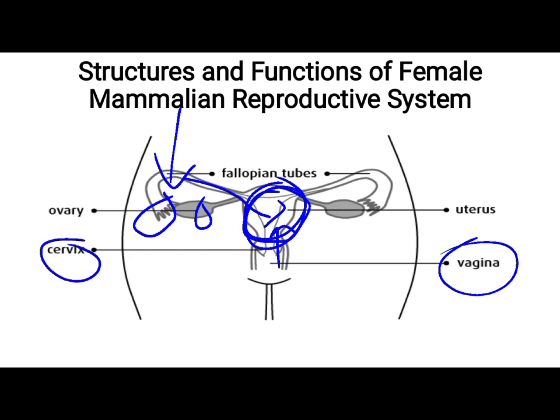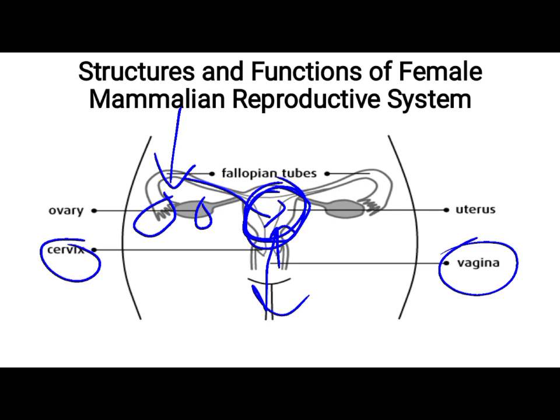It is usually called the birth canal, and the penis is inserted into the vagina during mating. We call it the birth canal because it is from that point that the baby will eventually come out into the outside world.